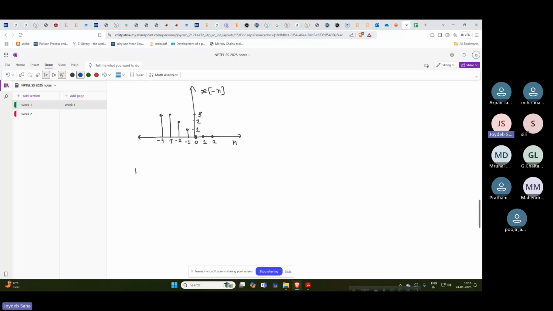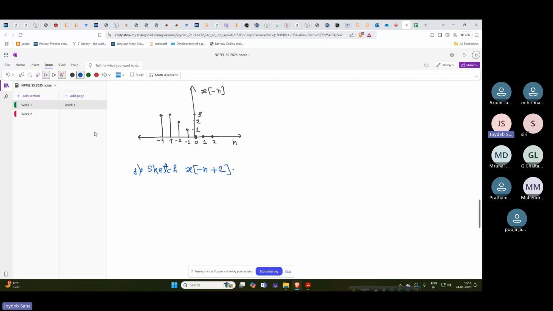Part D of the question 2, sketch x of minus n plus 2.